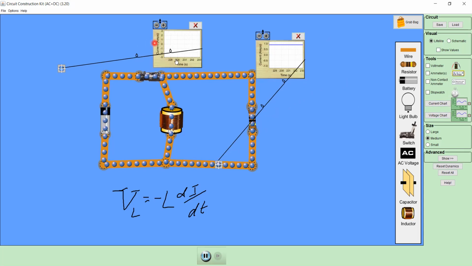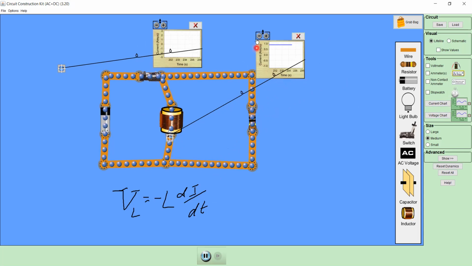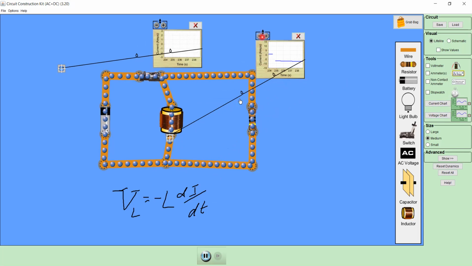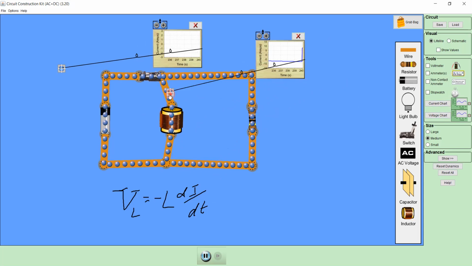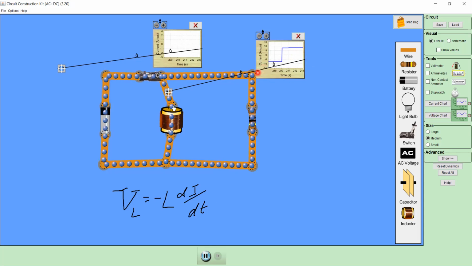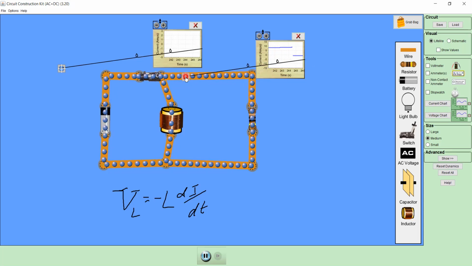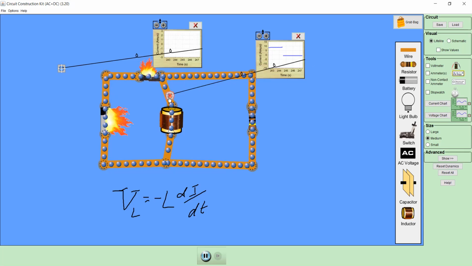Now, current is holding steady there, but if I were to go to the inductor, it's off the charts here. Oh, I guess it's negative. You can see current keeps increasing. So the current through the inductor is increasing. Current through the resistor is staying constant at 1. And there's a fire.